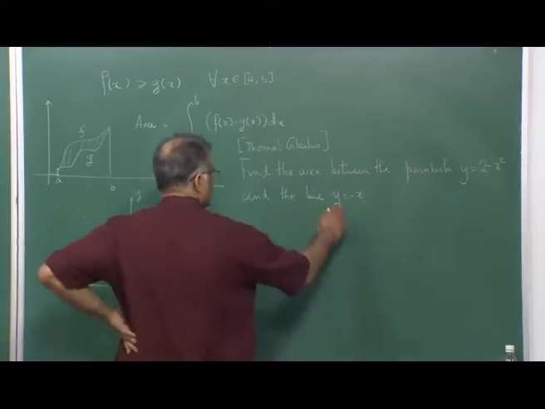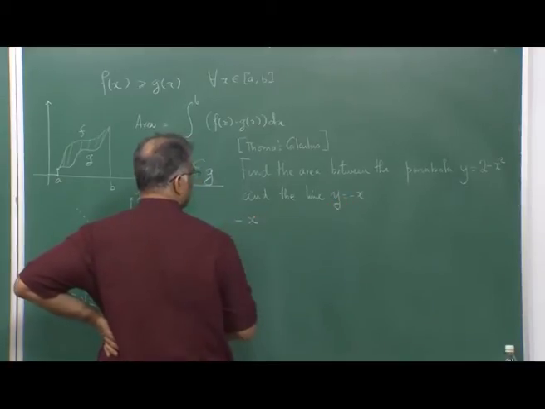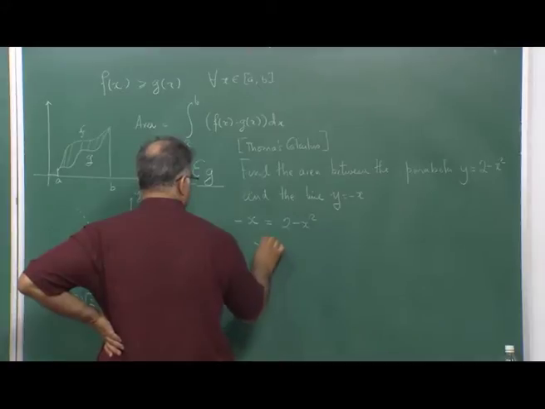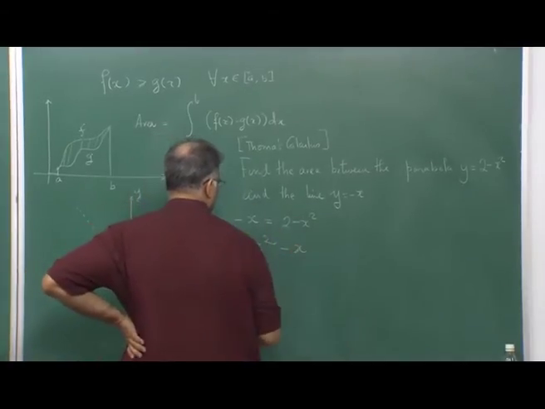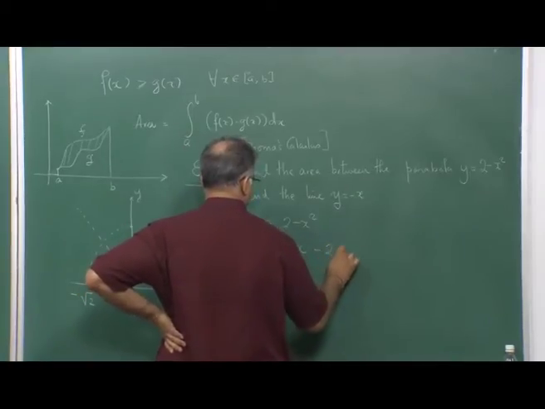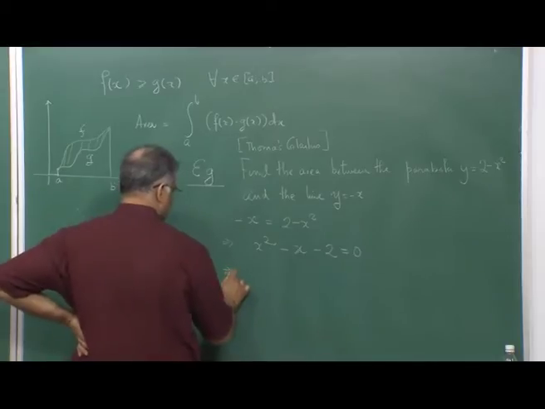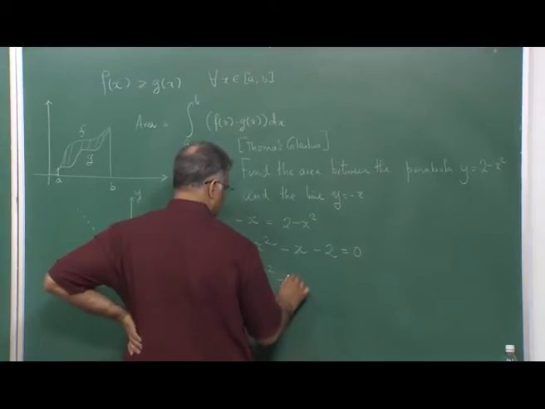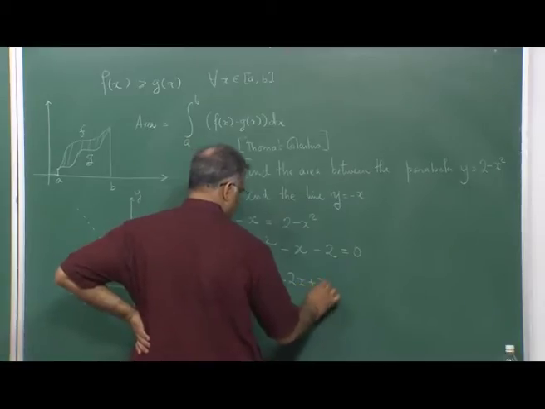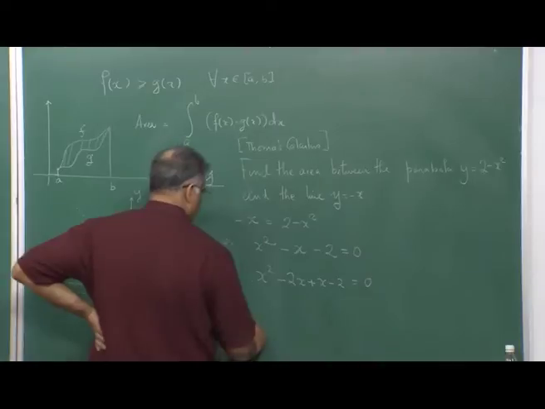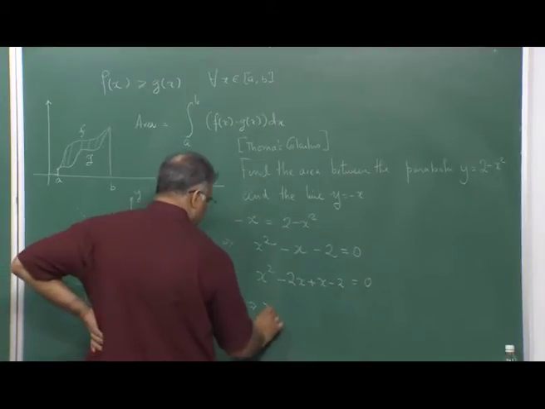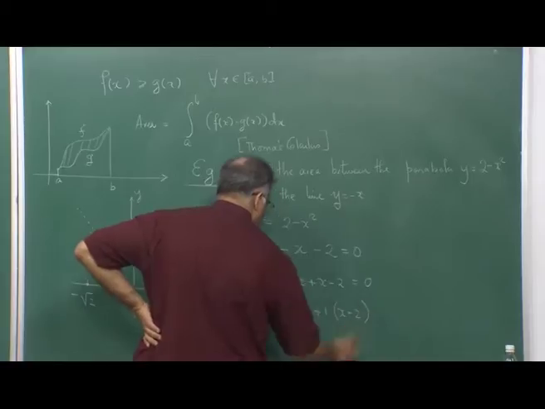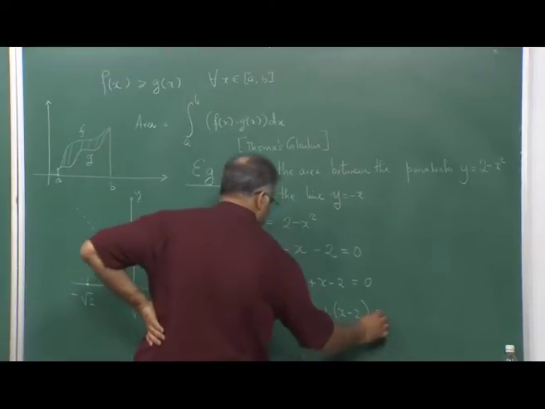So, put y equal to minus x. That will imply x square minus x minus 2 is equal to 0. x square minus 2x plus x minus 2 is equal to 0, which gives me, what does it give me? x into x minus 2 plus 1 into x minus 2 equal to 0.